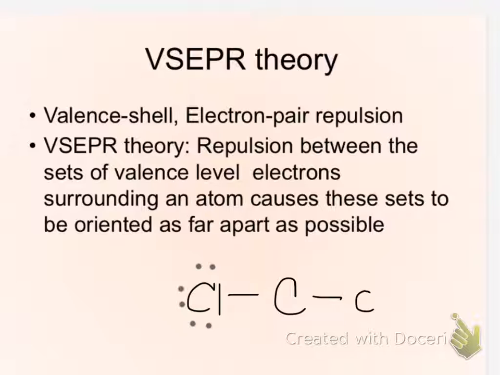All of those valence electrons on those chlorines want to be as far away from one another as possible. This is, of course, carbon tetrachloride. Nasty, toxic stuff. They want to be as far apart from one another as possible.